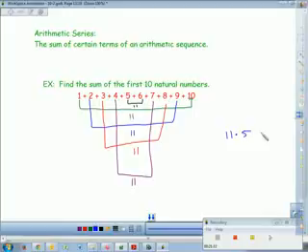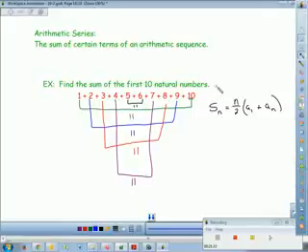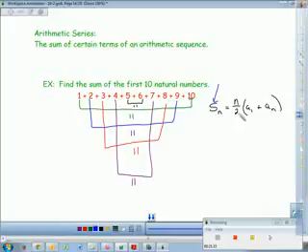Or, as this formula says, capital S we'll use for series, meaning the sum. How many terms are there in this case? 10 will be the number of terms, over 2, times the quantity of the first term plus the last term, the nth term.